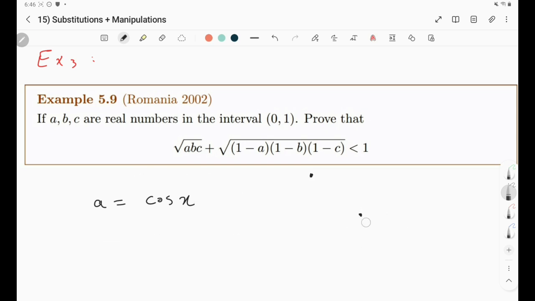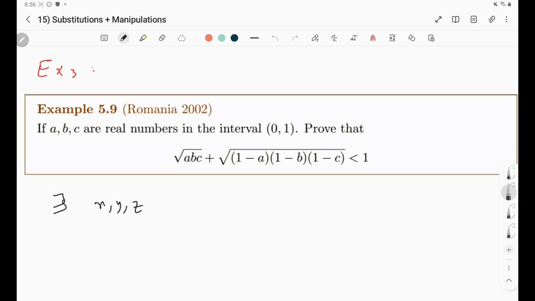So that means now you can just say that there exist x, y, z that belong to this interval from 0 to pi over 2, such that a is cosine x, b is cosine y, and c is cosine z.